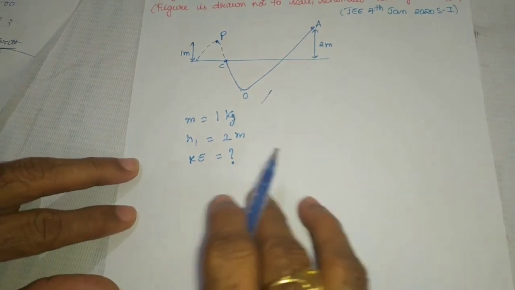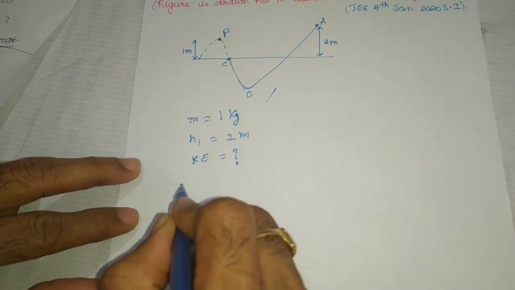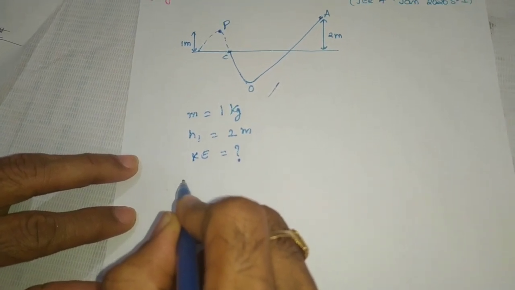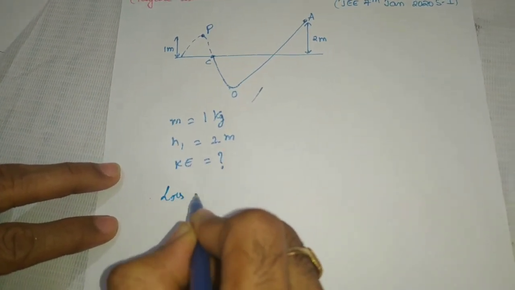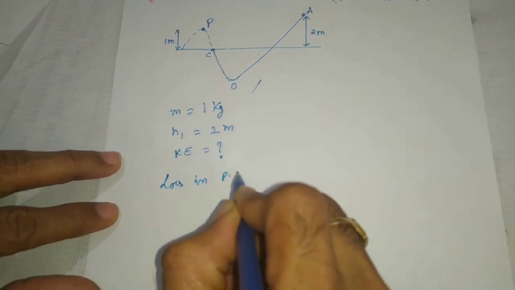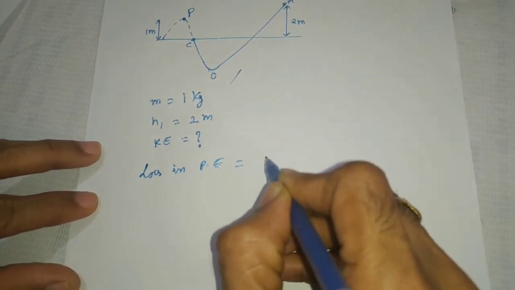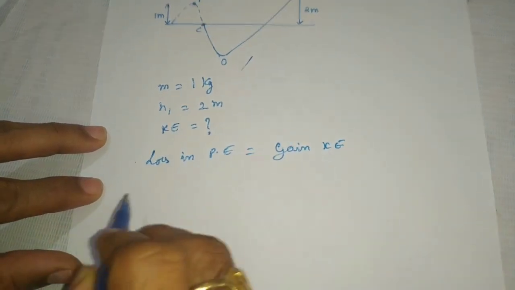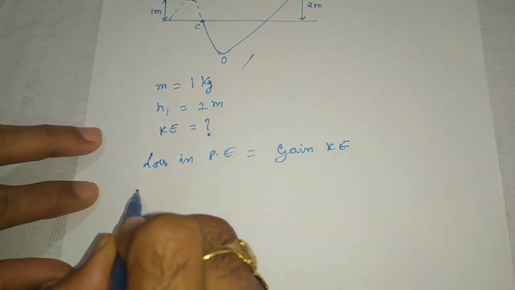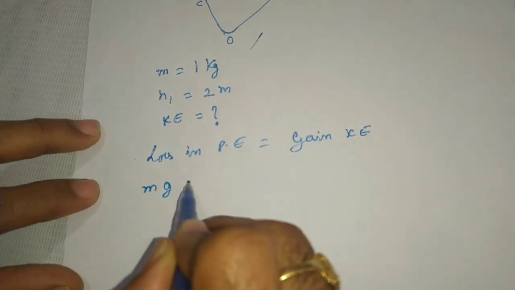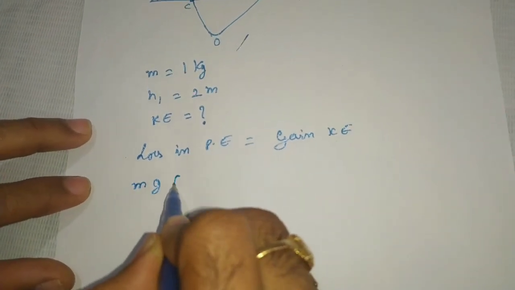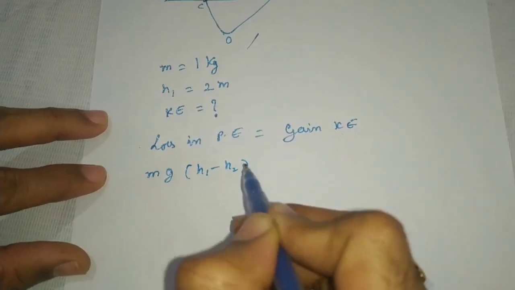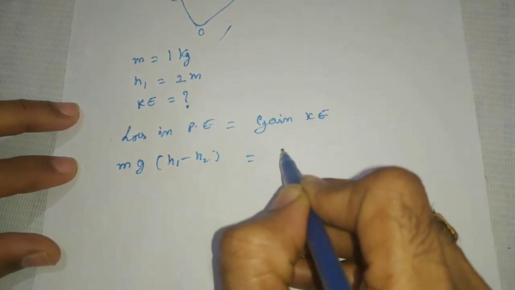The simple solution is loss of potential energy of the body. So loss in potential energy of the body is equal to gain in kinetic energy of the body. Loss in potential energy means mg into h1 minus h2. Gain in kinetic energy is equal to KE.